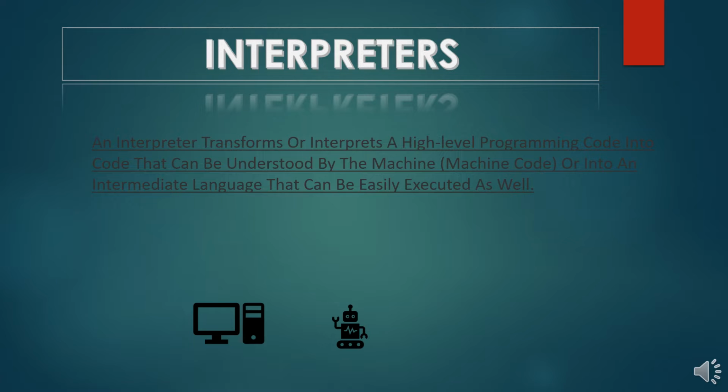But what is an interpreter in computers? An interpreter transforms or interprets a high-level programming code into code that can be understood by the machine, or into an intermediate language that can be easily executed as well.